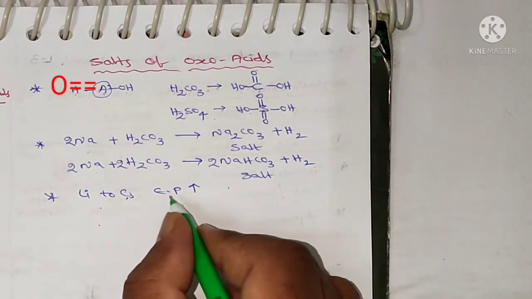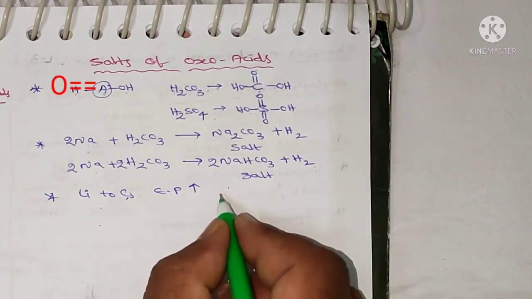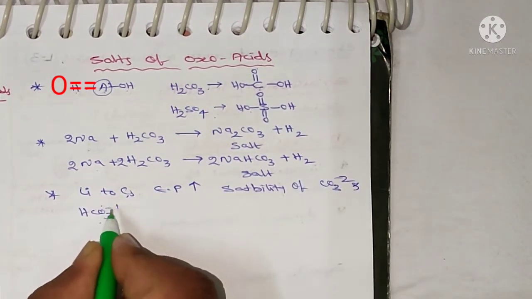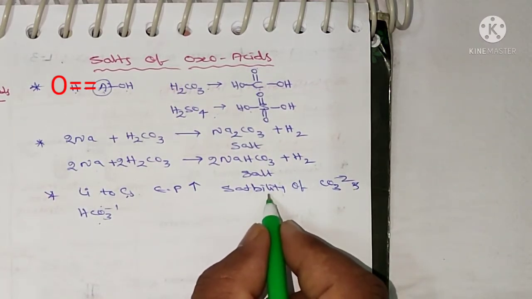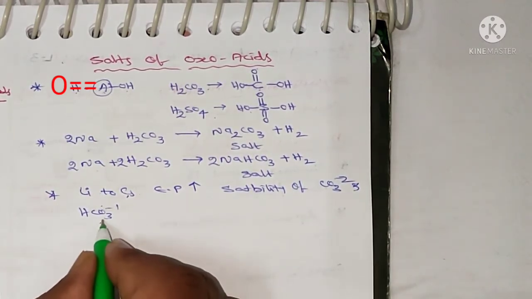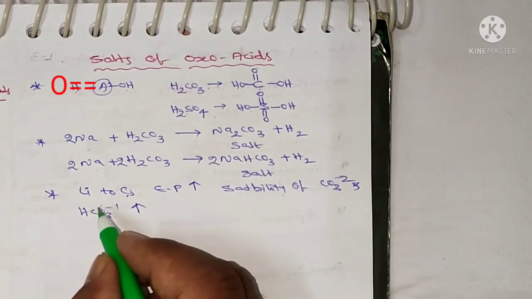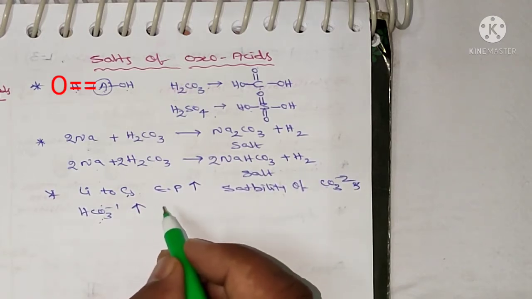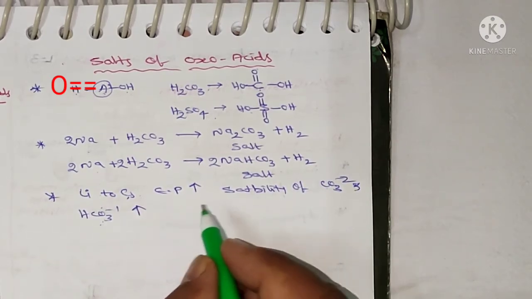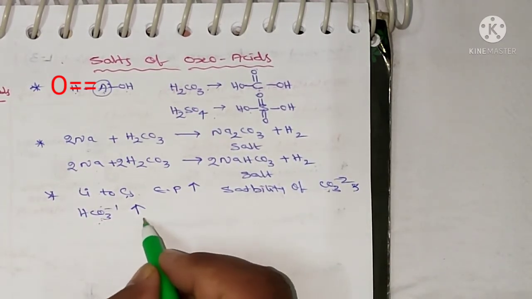Then the stability of carbonates and hydrogen carbonates increases. Hydrogen carbonate means bicarbonate. If you go from top to bottom in a group, the electropositive character increases, then the stability of carbonates and bicarbonates increases.